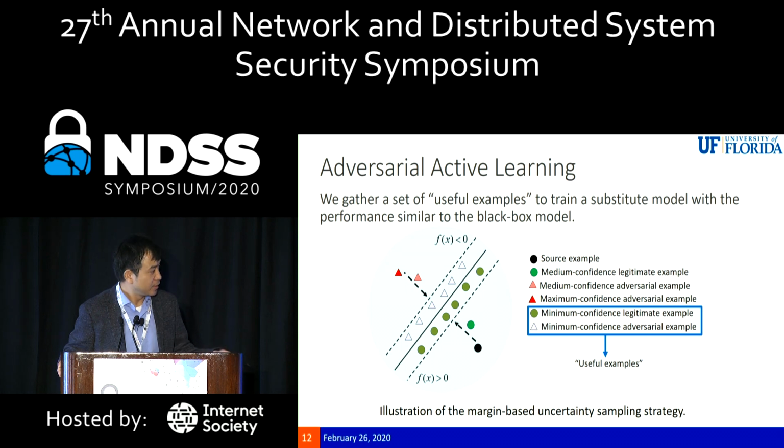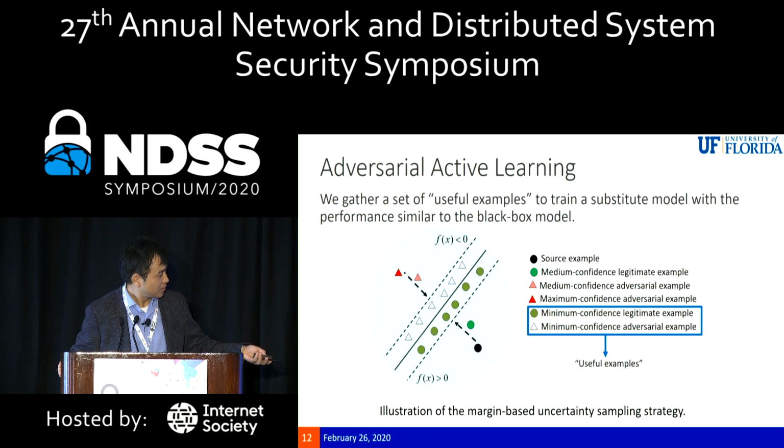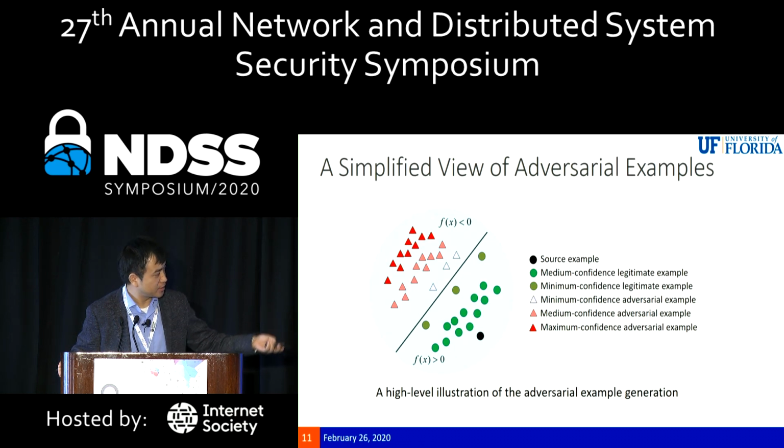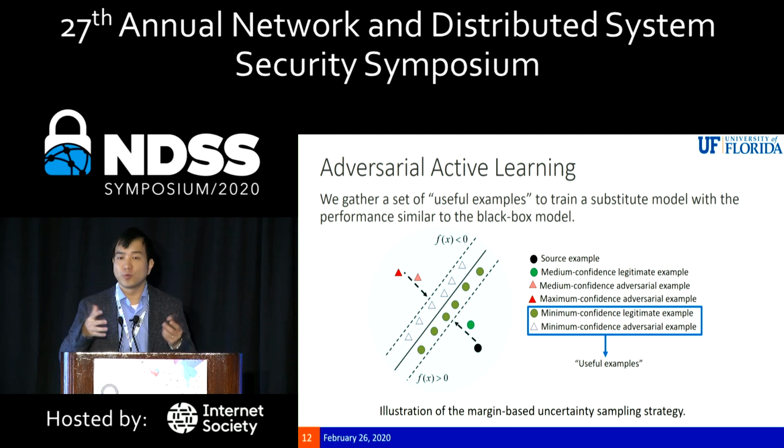So instead of using all this data to help us identify the boundary, we can simply generate as many data as we can around the boundary with very minimum confidence. They could be classified around or be classified correctly. Applied on this data, it can help us sufficiently and efficiently identify the boundary. And eventually, our job is to identify the whole boundary so that we can reproduce the model in the cloud.